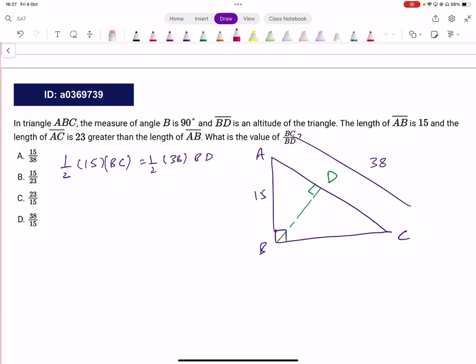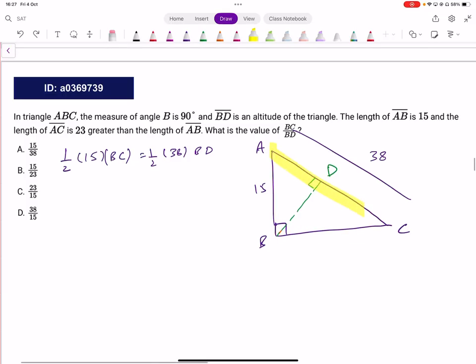What I'm doing is I'm saying, let's find the area of the triangle using these as base and height. That's half into 15 into BC. Okay. And then find the area using this as the base and this is the height. That's half into 38 into BD.